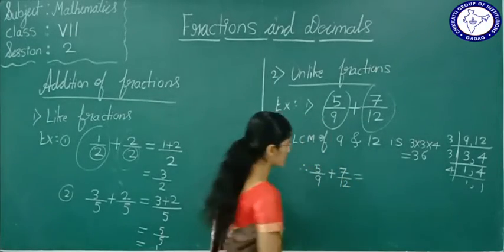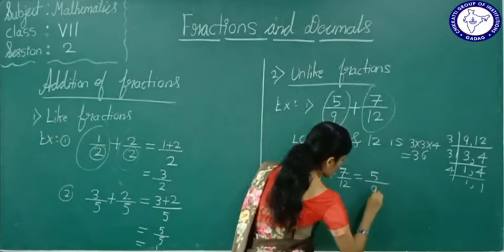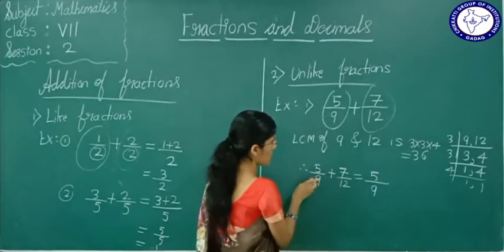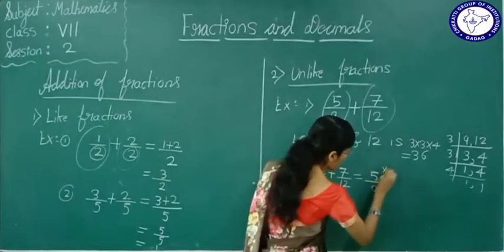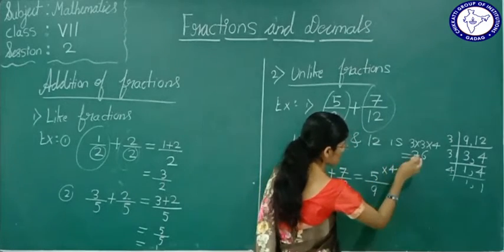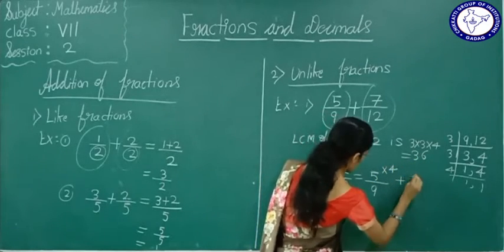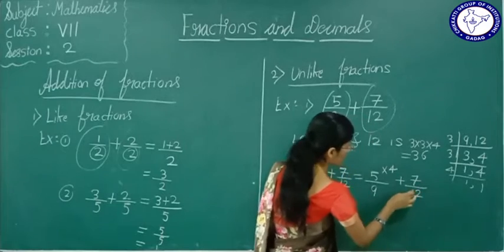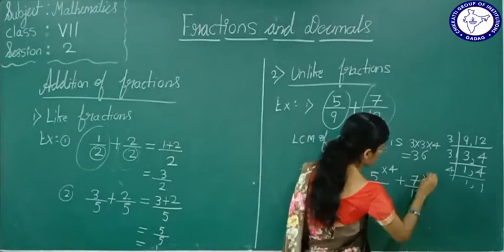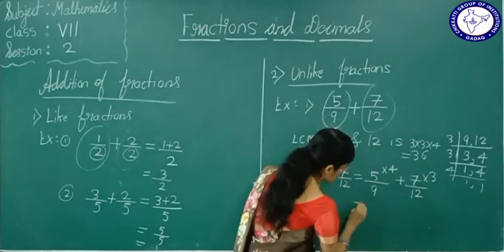Now, therefore, convert 5 by 9 and 7 by 12 into like fractions. 9, how much are 36? 9 4s are 36. And 7 by 12: 12, how much are 36? 12 3s are 36.